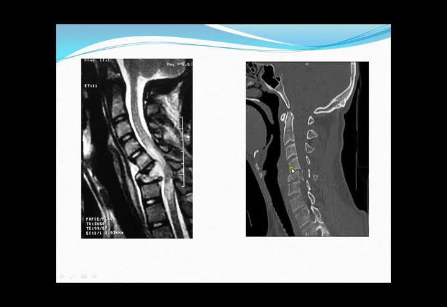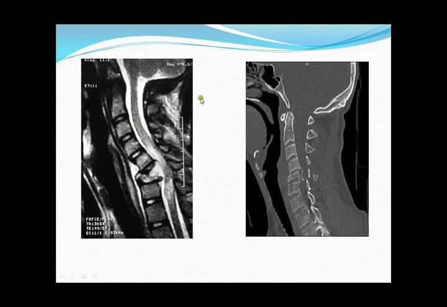The CT scan tells us about the vertebral body, and this long one is C2, C3, 4, 5. The CT scan tells us about the bony anatomy, while spinal cord anatomy is seen best by MRI. So we should go for both CT scan and MRI in case of spinal injuries.